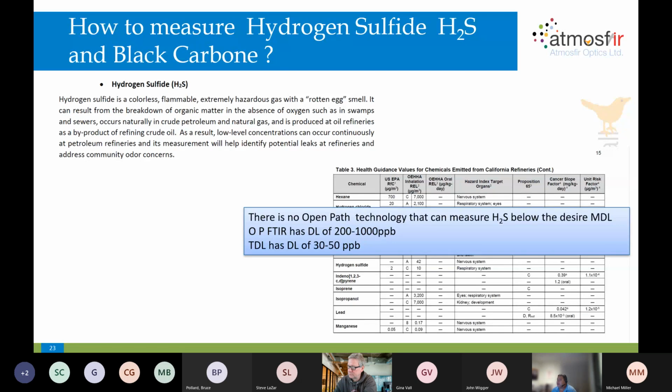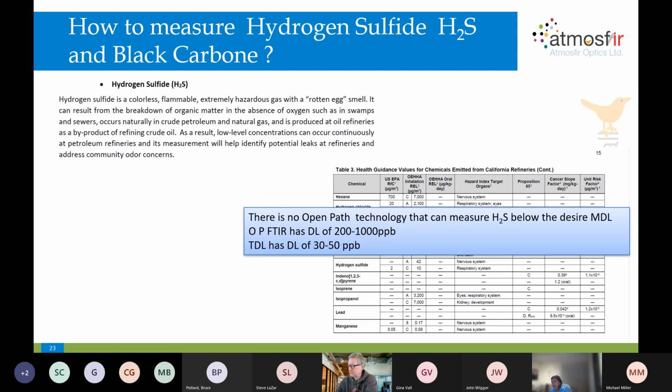But there is no open path technology that can measure H2S below the desired detection limit, below 30 ppb or below 20 ppb. If you look at the FTIR, even the best FTIR can go down to 200 ppb, some of them 1 ppm.